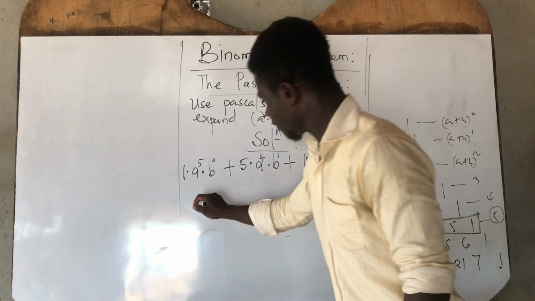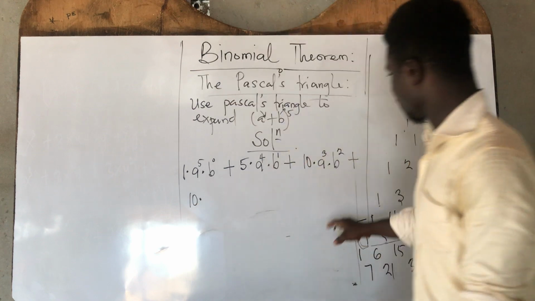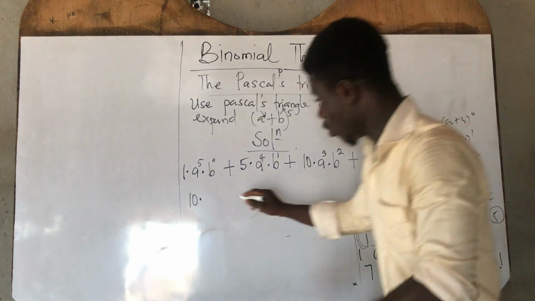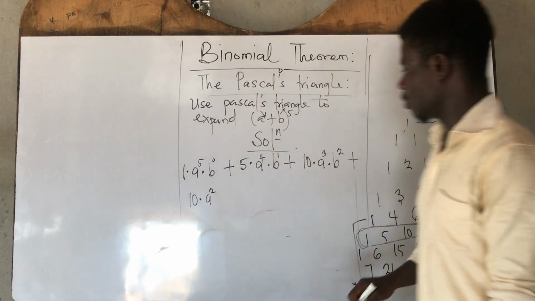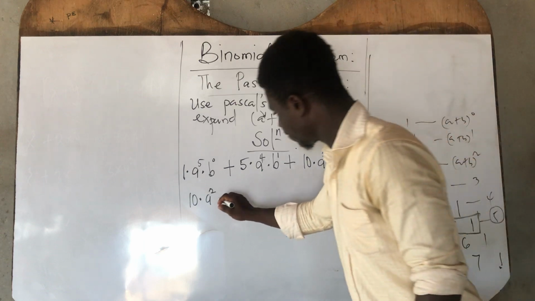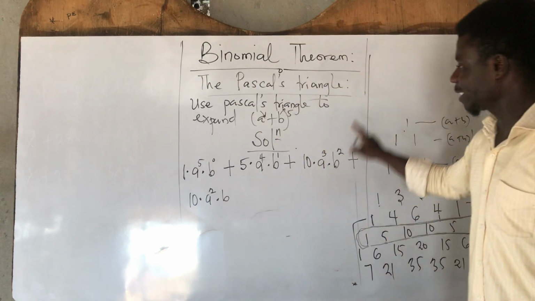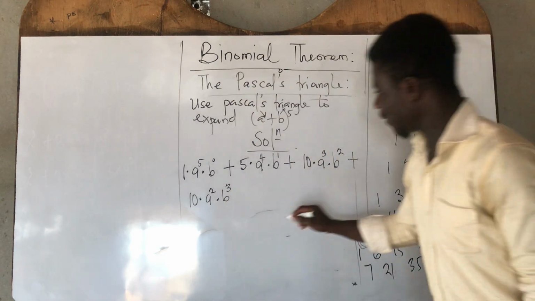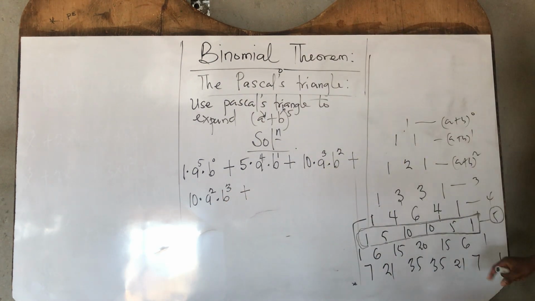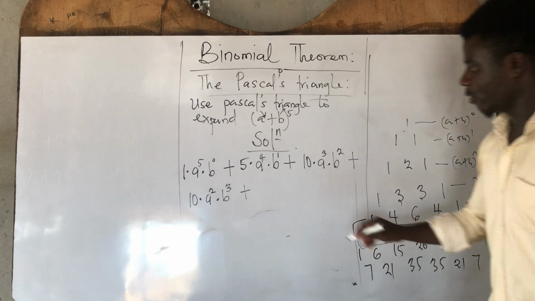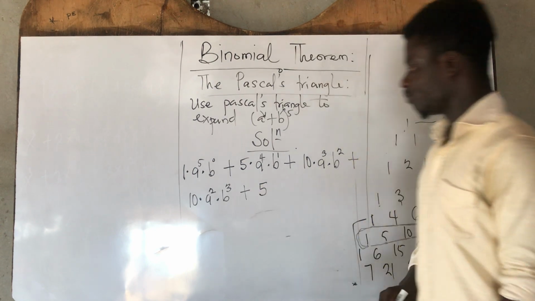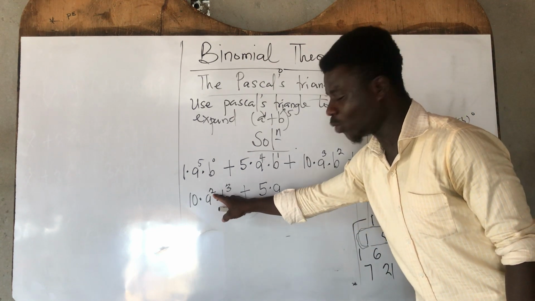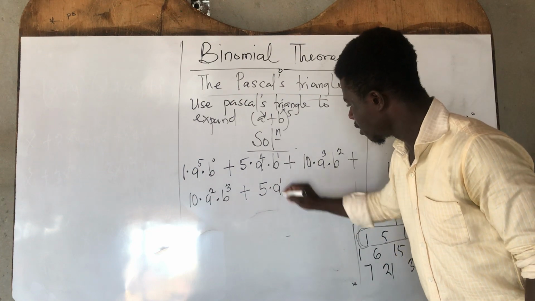Then plus we have the next coefficient, which is 10. So I have 10 times this a to the power 3. It is decreasing, so it will be a to the power 2. Then times this b, increasing, so it will move to 3, right? Plus again this 5 here. So 5 times a, decreasing, so it will move to 1.